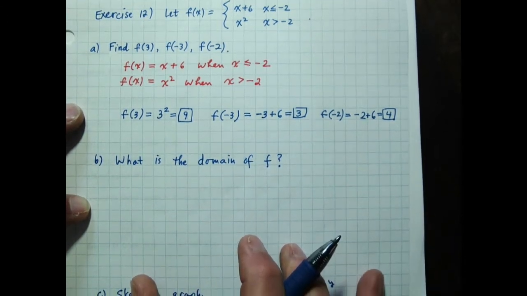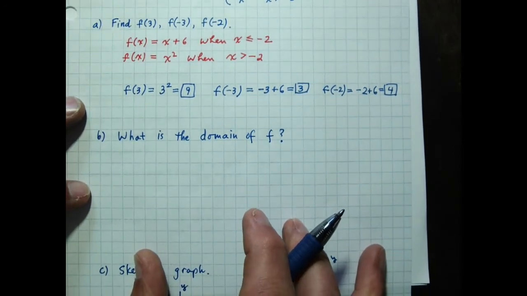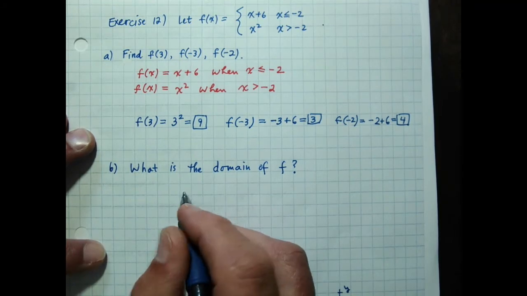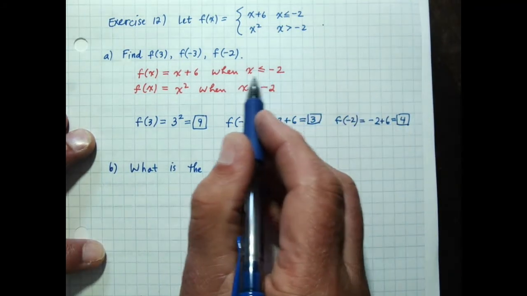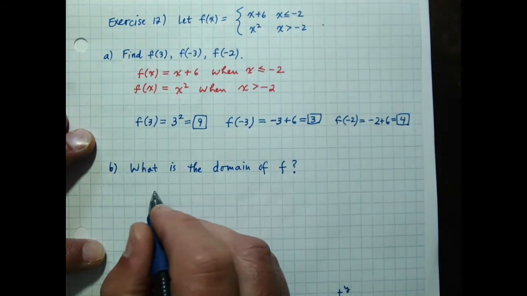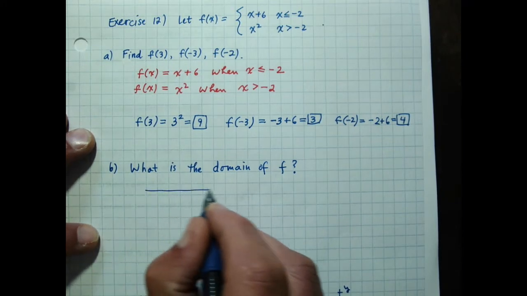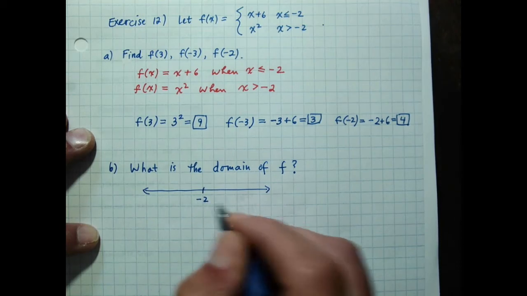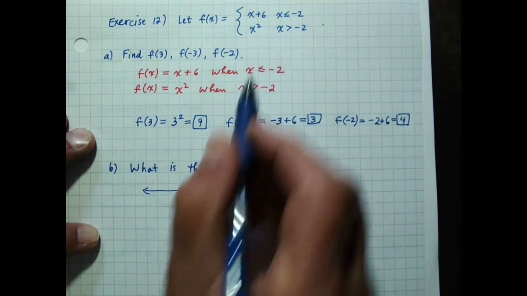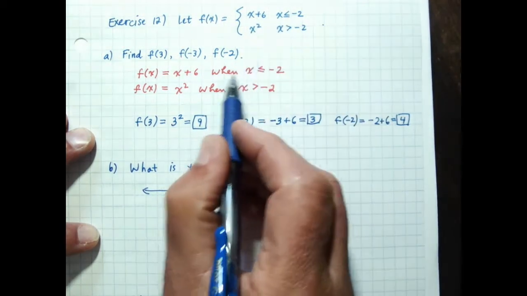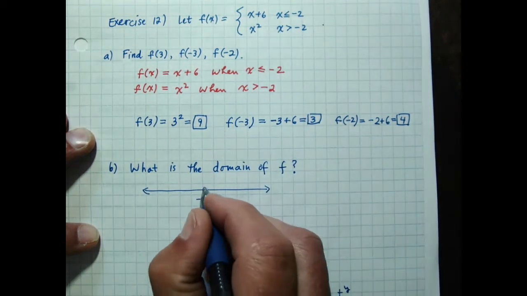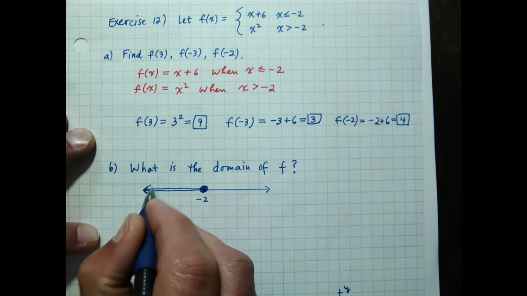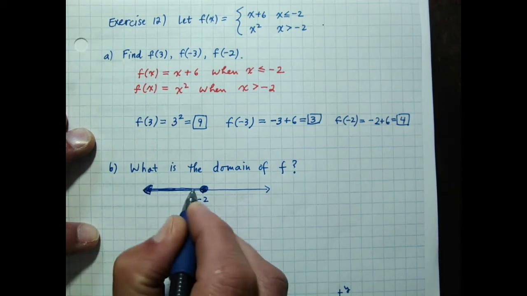Part B, what is the domain of this function? If you look at these defining inequalities, it almost looks like we have certain intervals involved, right? I'm going to mark negative 2 on a number line. So we use one formula when x is less than or equal to negative 2, equal to negative 2 or less.